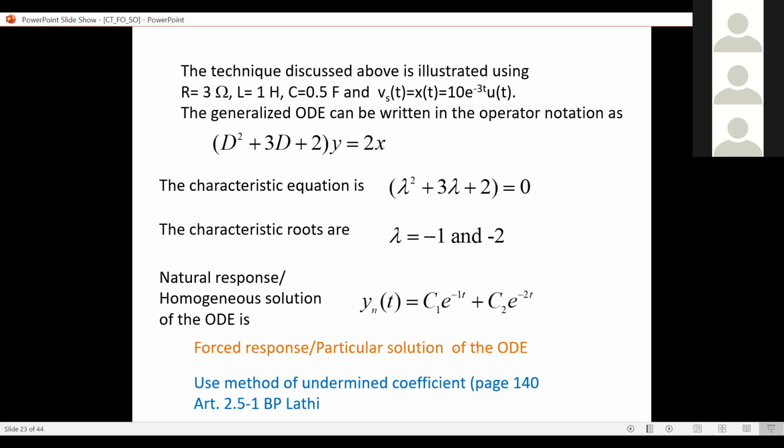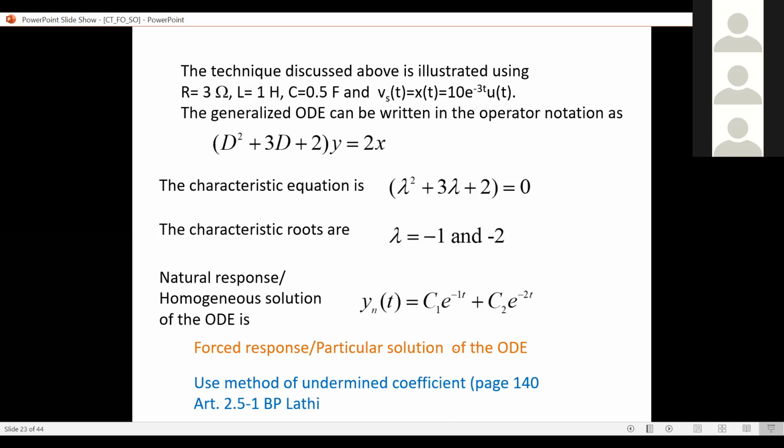You see that for that RLC circuit, we have our values of R, L, and C given something like this: 3 ohm resistance, L equal to 1 Henry, C equal to 0.5 Farad, and we applied a Vs, that means source, equal to 10 e to the power minus 3t. It is what type of source? It is an exponential source, okay? Forget about giving the reasoning of the reality of this, but for illustration, we are using this, okay?